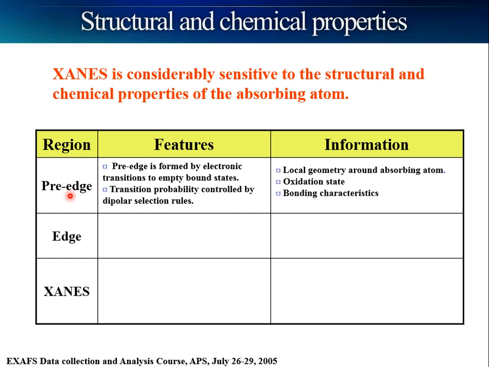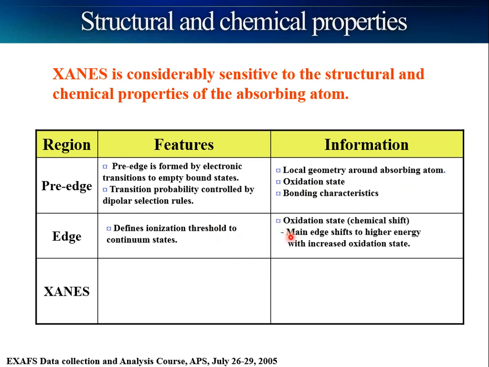Therefore, it is contributed by local geometry, oxidation state, and bonding characteristics. The edge is defined as the ionization threshold to the continuum state. It is very sensitive to atomic oxidation state. When the main edge shifts to high energy, the oxidation state is increased.